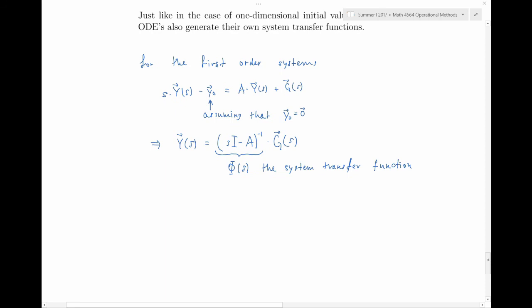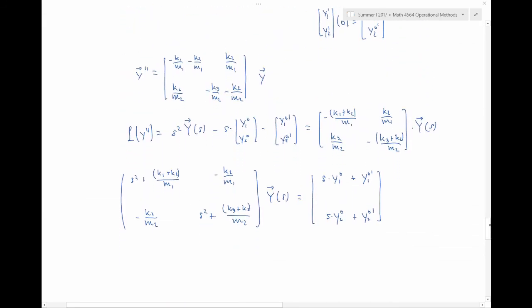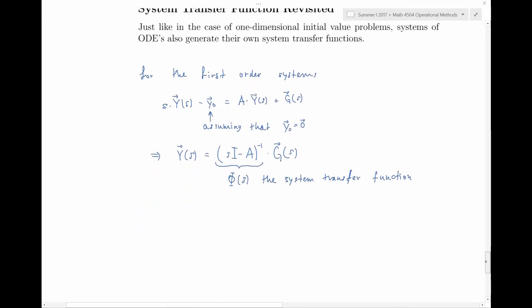For the second order ODEs that we considered, the system transfer function was the inverse of this matrix, right here. Let me write it in general.